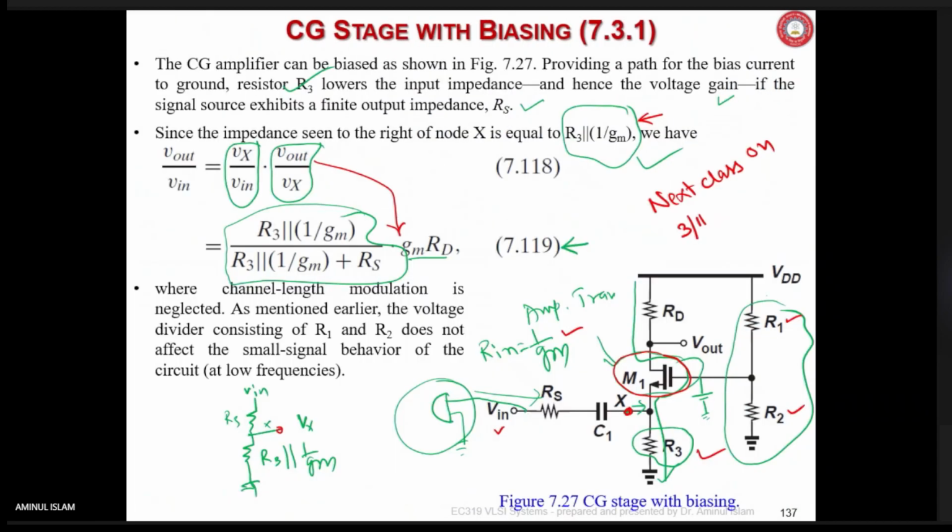Otherwise, also you can do it here. What is the voltage available here? Vx is V in multiplied by R3 parallel 1 upon GM of M1, divided by R3 parallel 1 upon GM1 plus RS.